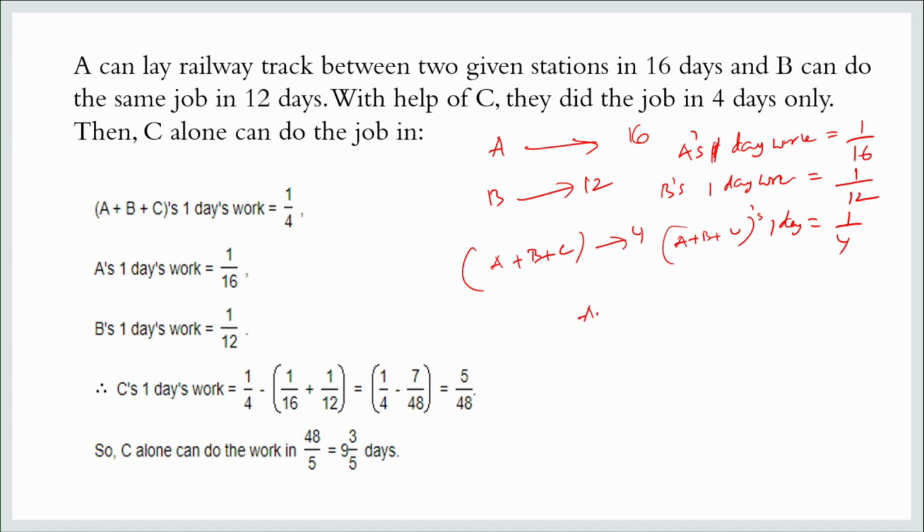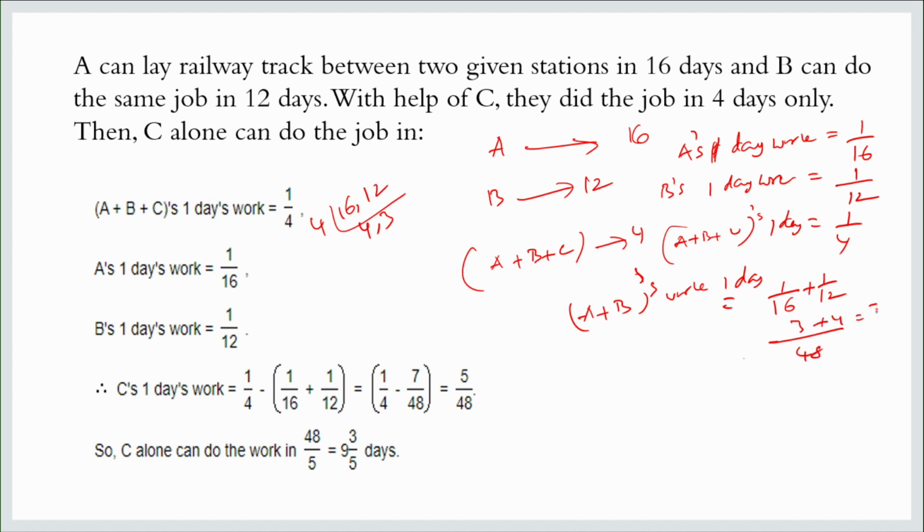So A plus B's work in 1 day is 1 by 16 plus 1 by 12. The LCM of 16 and 12 is 48, so it is 7 by 48. A plus B's 1 day work is 7 by 48, and A plus B plus C's 1 day work is 1 by 4.